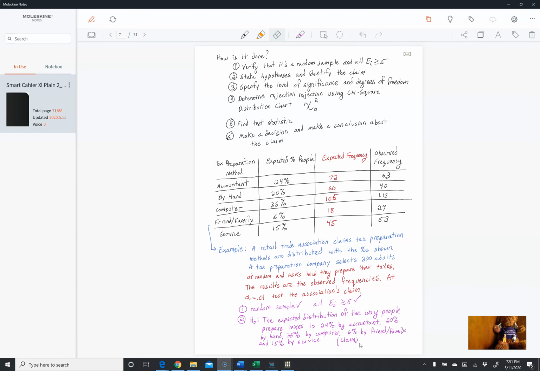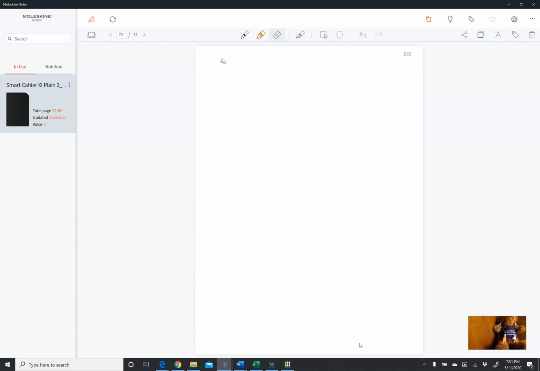Okay, the alternative hypothesis, much easier to write. The alternative hypothesis, which is always the same. The only thing that's going to change here is what that expected distribution represents and which is your claim, okay? And the claim is always stated in the problem itself. So here, the alternative hypothesis is the distribution of the way people prepare their taxes.